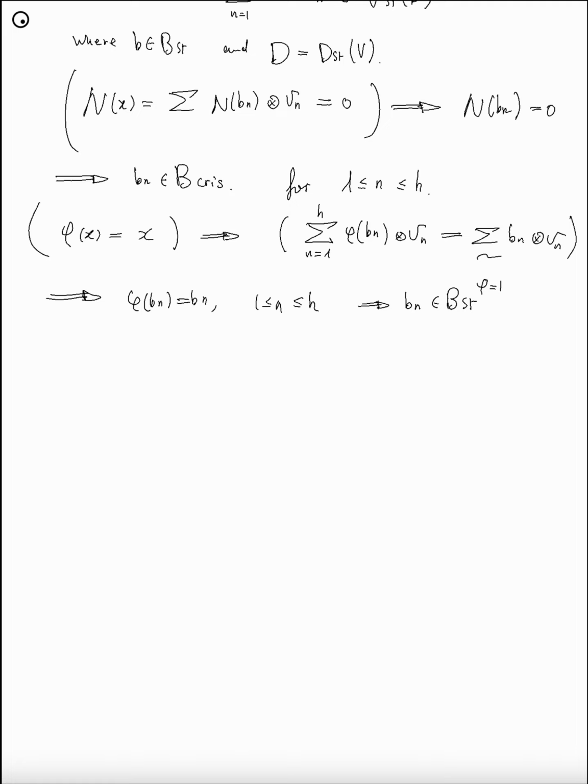Yeah, you could see that. Lastly, we have the condition: X is in Fil^0 of X tensor B_+.